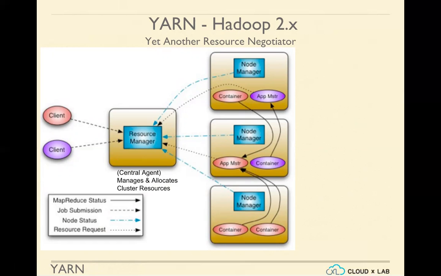Including MR, Gaurav? Good question. So Yarn can handle all kinds of workloads, including MR, Spark, and everything, right? Spark is a replacement of MR, okay? We will talk about these things in more detail. Let's try to understand the architecture of Yarn. Did I answer your question, Gaurav?